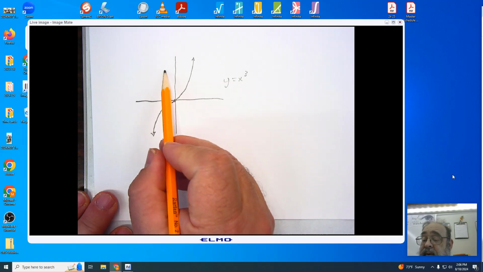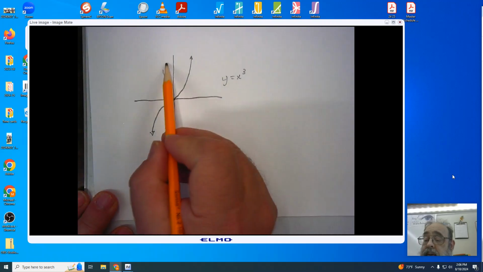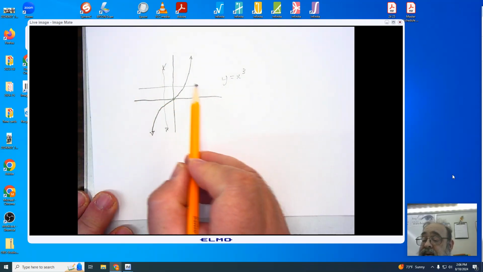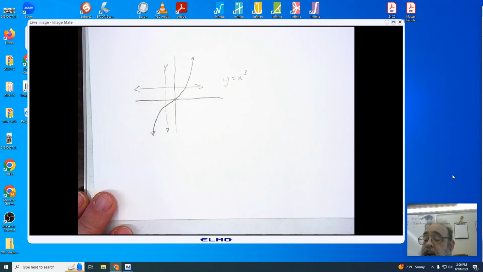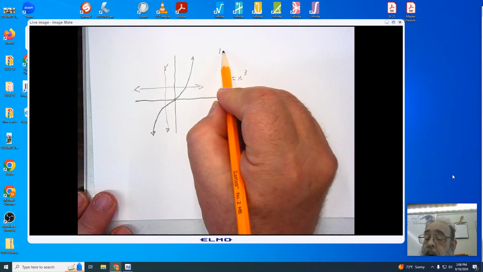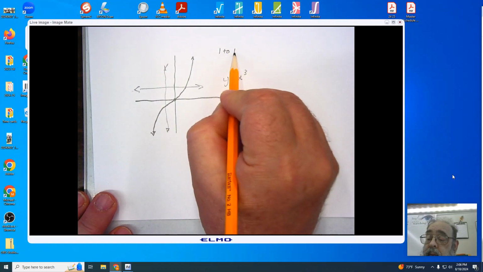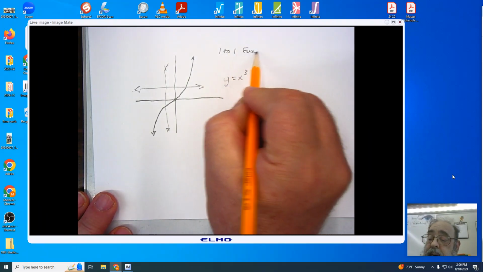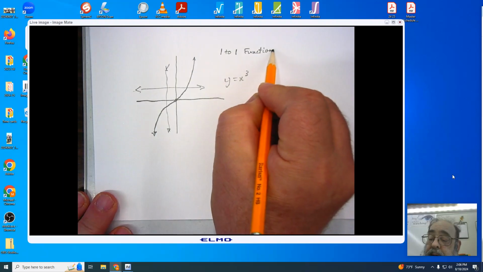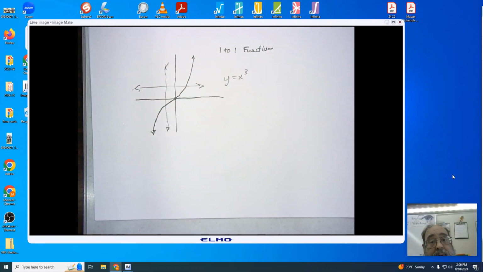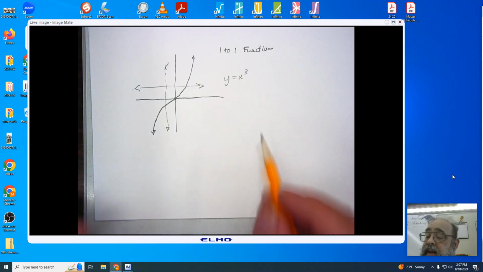It satisfies the vertical line test. It satisfies the horizontal line test and is therefore considered a one-to-one function. And one-to-one functions always have inverses. And the problem is sometimes it's really hard to figure out what that inverse is.